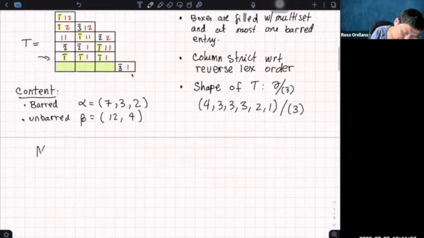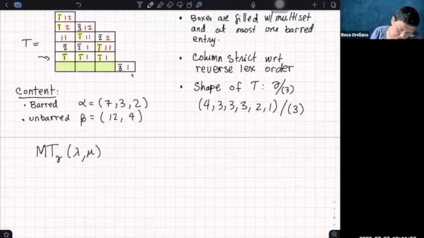And we are going to call the set M, T, gamma, lambda, mu in general, because this is going to keep the bar content, and this is the unbar content.